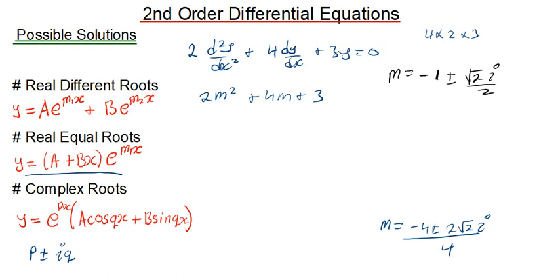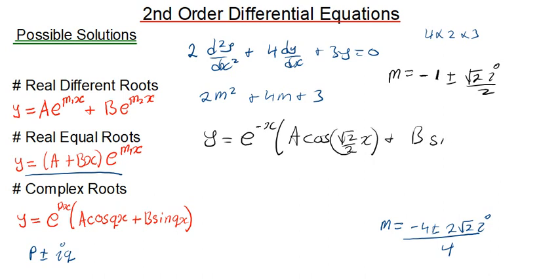So we can come in and say y is equal to e to the power, our p is negative 1, so that would be minus x there. Then you can say a cos, our q is root 2 over 2, times x there, then plus b sine root 2 over 2 x, like that, and that's the solution that you're looking for.